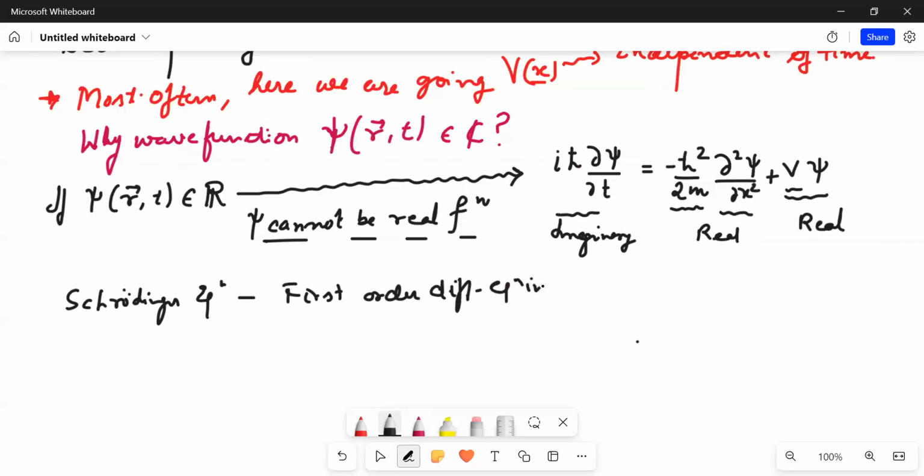And what is good about it? If you have this first order differential equation, and if you are given some initial condition, then the wave function can be determined for all other times. So let's say the wave function is defined at some time t equals t naught. If some initial conditions are given, then psi can be determined for all future times.